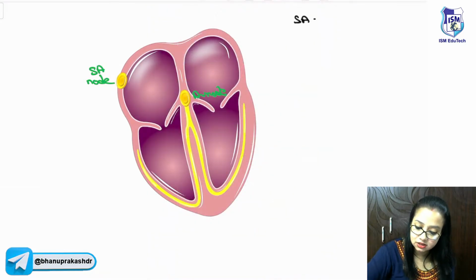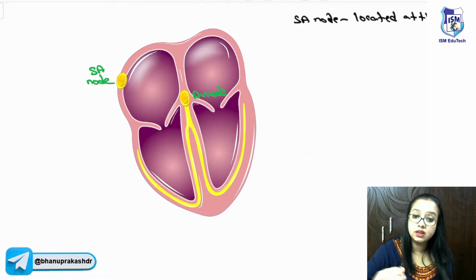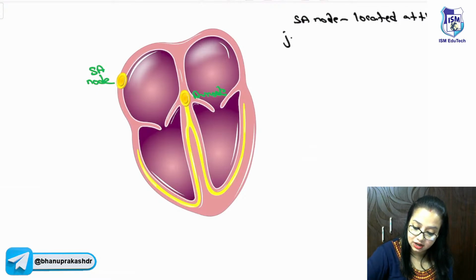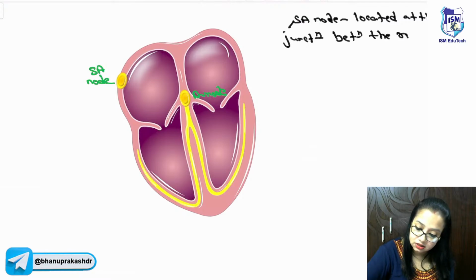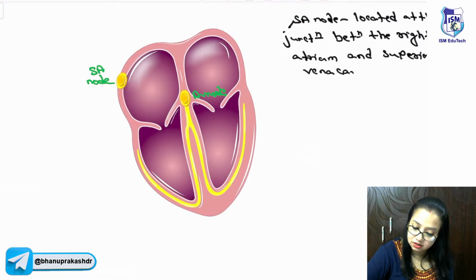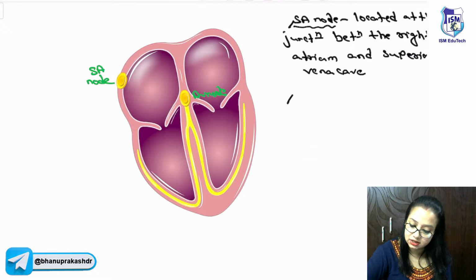The SA node is located at the orifice, at the junction between the right atrium and superior vena cava. This is where the SA node is located.